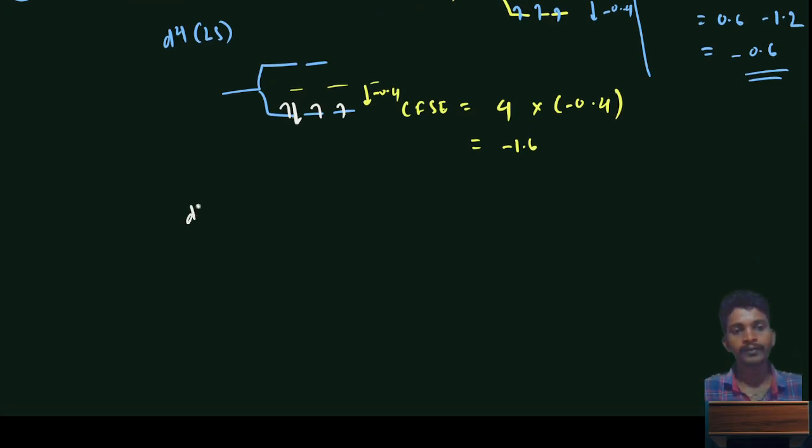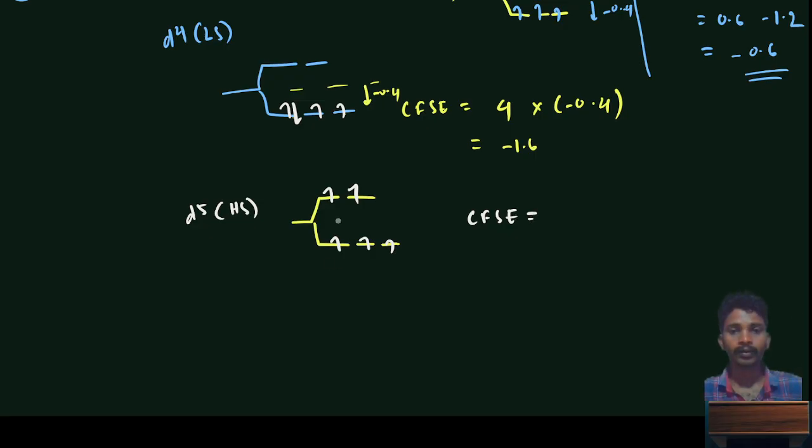Okay, and if it is d5, let's say for high spin, then how much will you get? That is 1, 2, 3, 4 and 5. So the CFSE will be 0. Why? Because this and this are equal, one is positive and the other is negative, since they are equally redistributed.